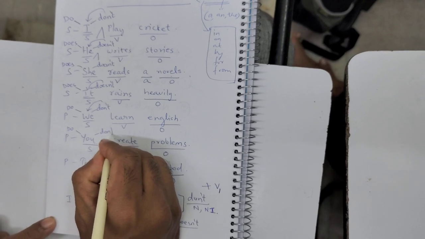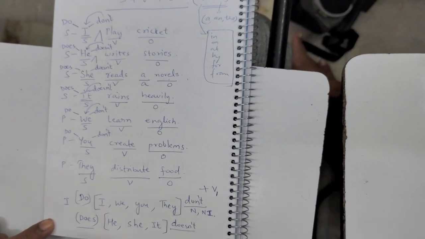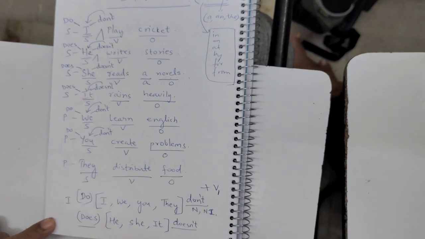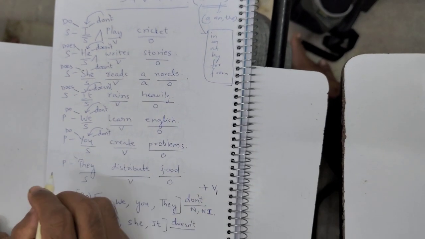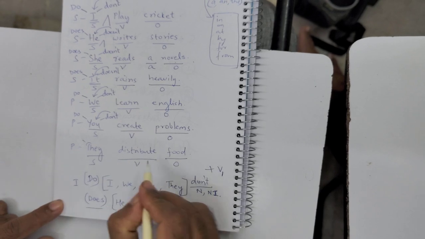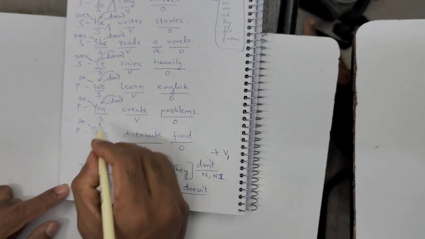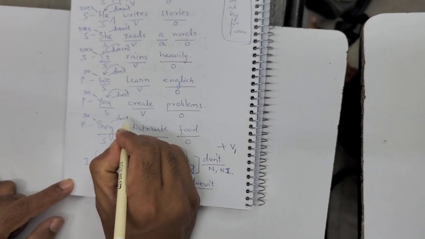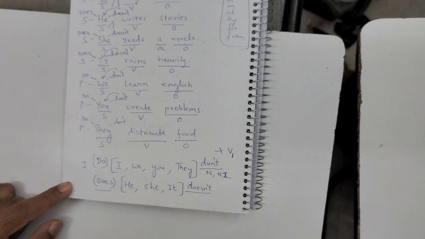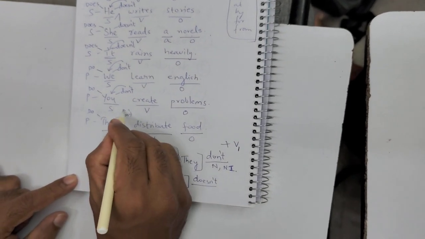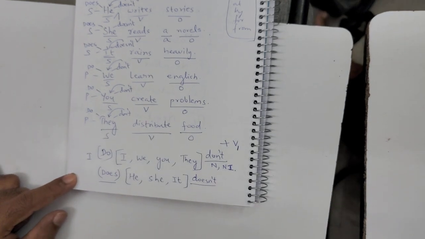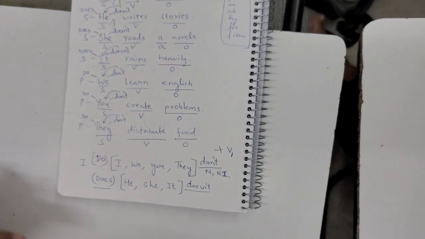You don't create problems, negative. Don't you create problems? Negative interrogative. They distribute food. Do they distribute food? Interrogative. They don't distribute food, negative. Don't they distribute food? This is negative interrogative. So this is the trick.